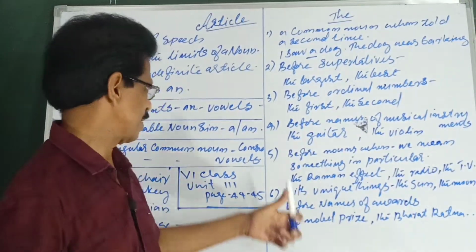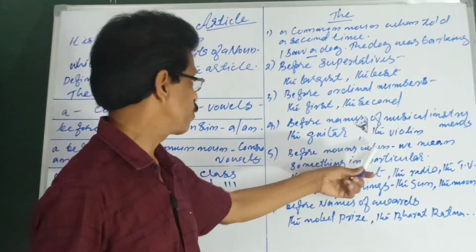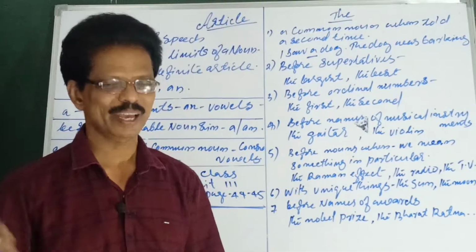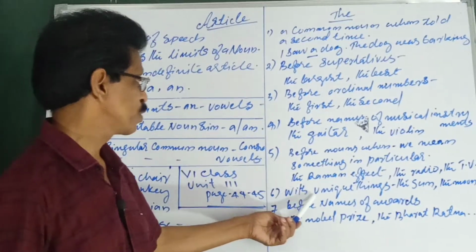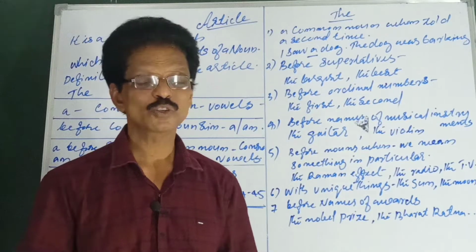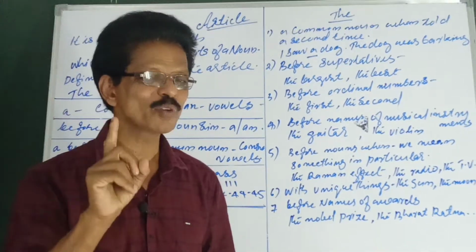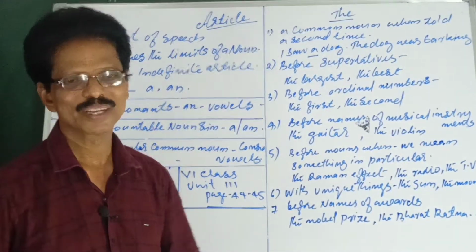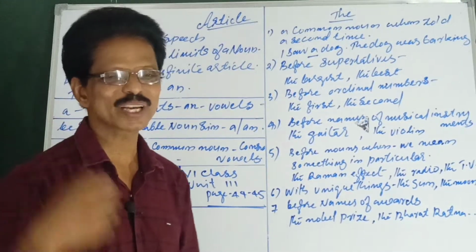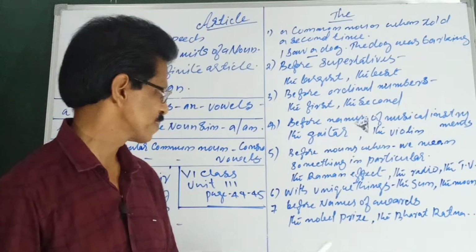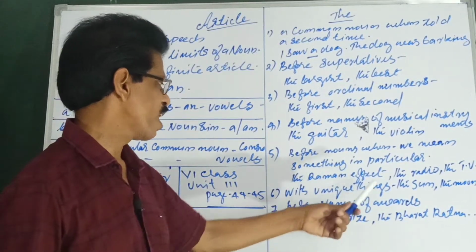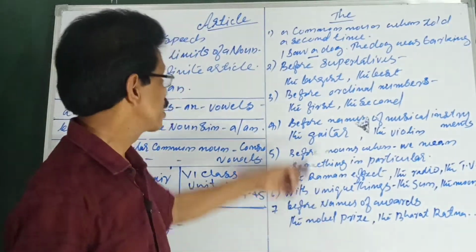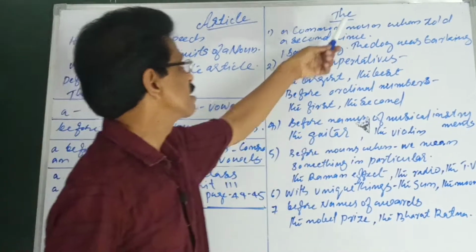Number 5, before nouns when we mean something in particular. Number 6, before unique things, when there is only one by that name: the sun, the earth, Uranus, Neptune, Venus. Number 7, before names of awards: the Nobel Prize, the Bharat Ratna. So these are the 7 uses of the definite article the.